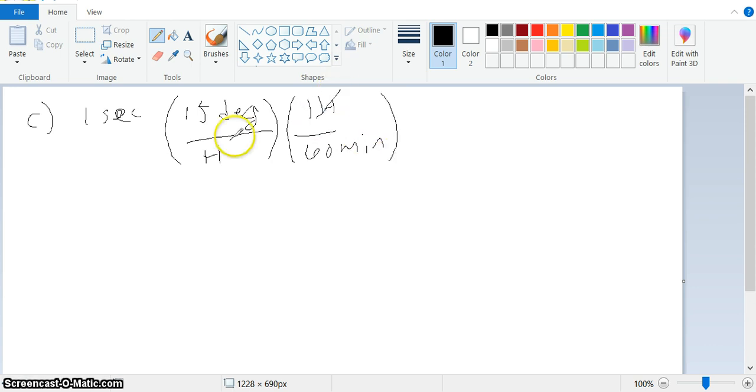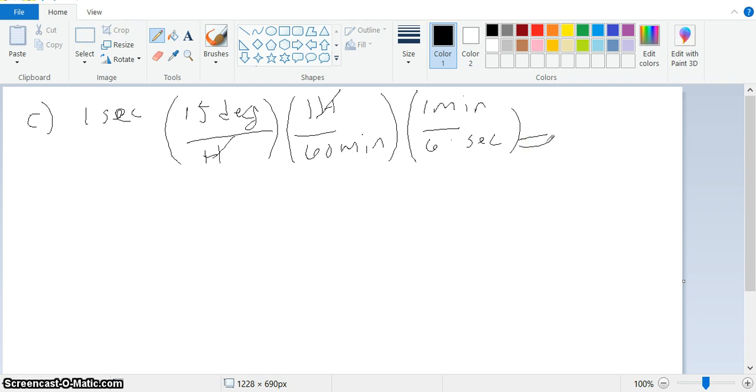Notice the hours cancel. So if you have 15 divided by 60, that's degrees per minute. But then we've got to go 1 step further. We know that in 1 minute, there are 60 seconds. So let's see, what does that turn out to be? It would be 15 divided by 60 squared, which turns out to be a really small angle.